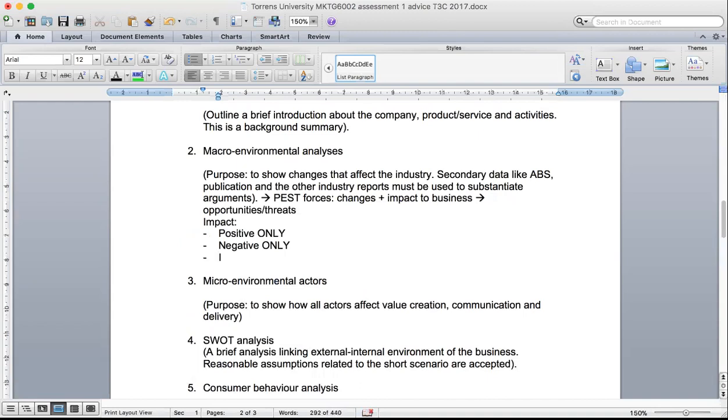And the impact could be around costs, increase or decrease, that result in the profit of the organization.